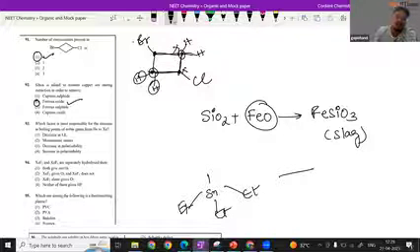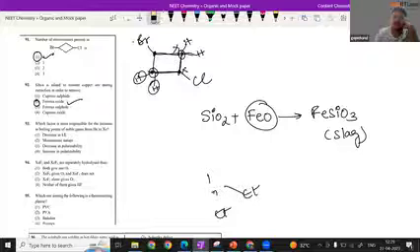Which factor is the most responsible for the increase in the boiling point of the noble gases from helium to xenon? Generally, noble gases will not form any bond.